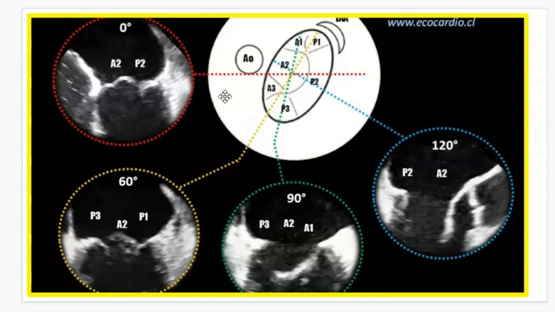They don't really need to know if A1 or A2 is particularly bad. They just need to know how bad the MR is, and they'll let the team at the hospital that does a deep investigation of this before surgery. Typically, the cardiac anesthesiologist will look at that with the transesophageal probe.